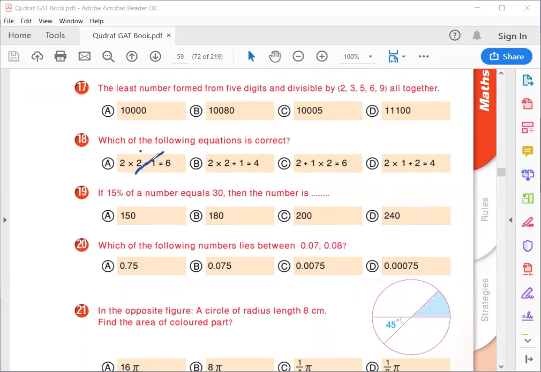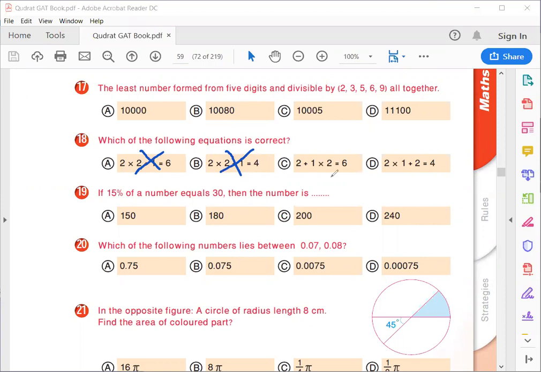The first one is not correct. Okay, number B. 2 times 2 is 4, plus 1 is 5. Oh, it is not 4. It is not correct.